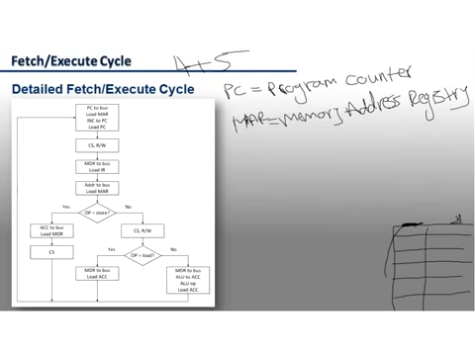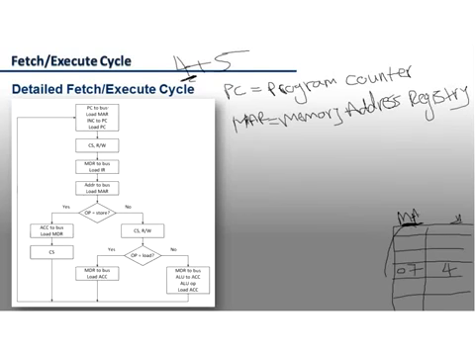For example, if we have number 4 that we want to work on, let's say at location number 7. So this is address number 7, and the data is here. This is the MAR.